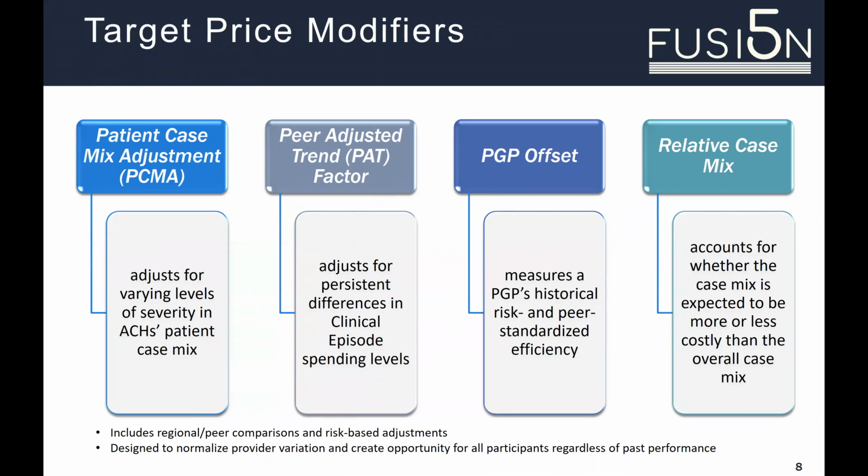So we think these are very good things. Again, some of these methodologies are yet to be fully revealed by Medicare. But in principle, it seems like Medicare has made some good progress this way for really getting to a regional and a peer level versus just a national trend factor, which is what we saw in Classic.